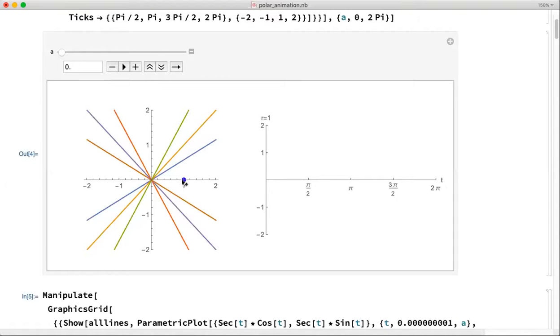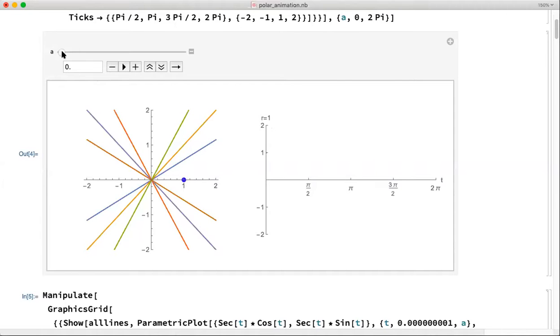In the polar plane, this blue dot is going to trace out a curve as we change theta. That blue dot is on the x-axis right now because theta is 0. Theta equals 0 corresponds to the positive x-axis. So as I start changing this slider, you're expecting that blue dot to move along a circle. The radius isn't going to change because the radius is constantly 1, but the angles are changing.